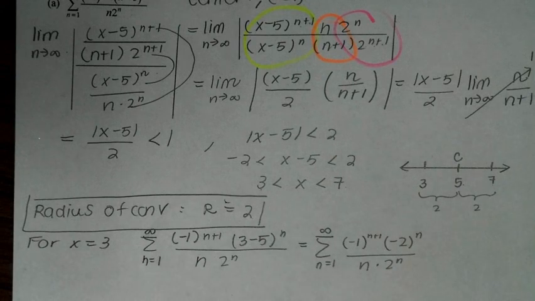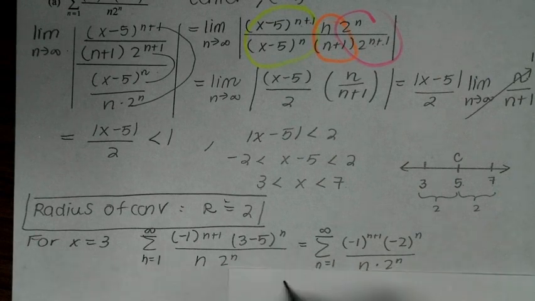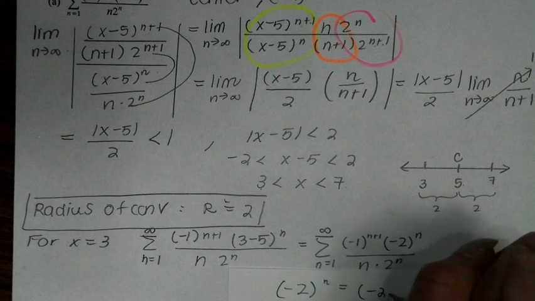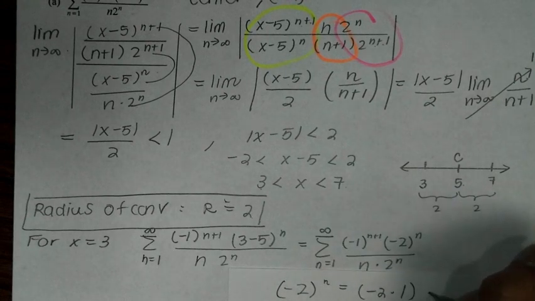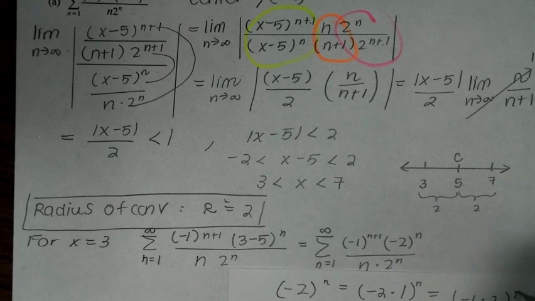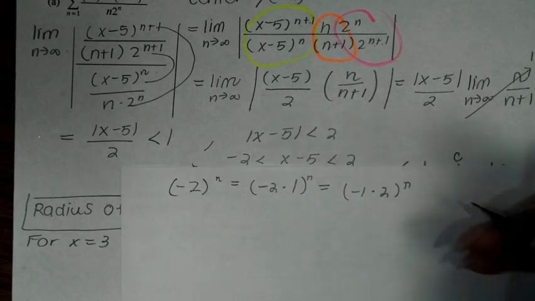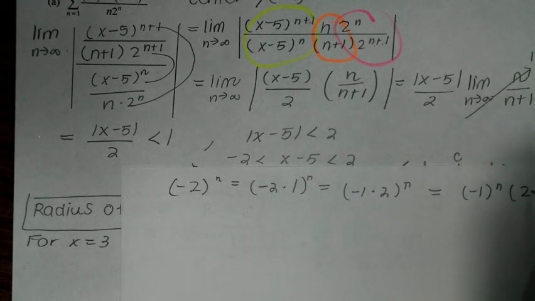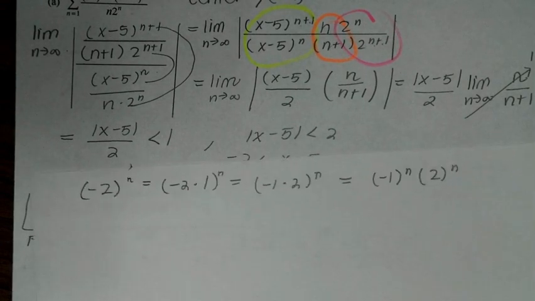Remember, from algebra, you do know that negative 2 to the power of n is equal to negative 2 times 1, which is to the power of n, which is negative 1 times 2 to the power of n. Okay, that is equal to what? Negative 1 to the power of n times 2 to the power of n. Do you agree with that?